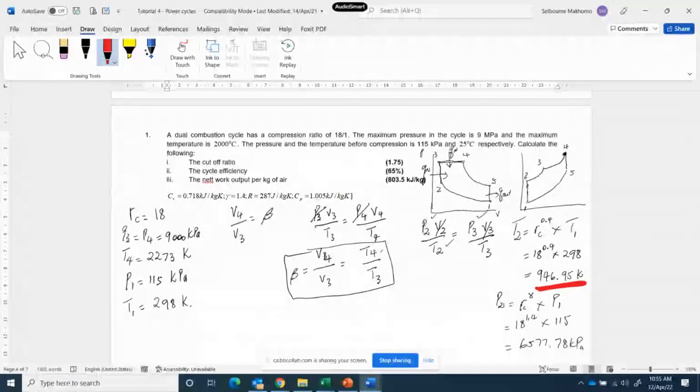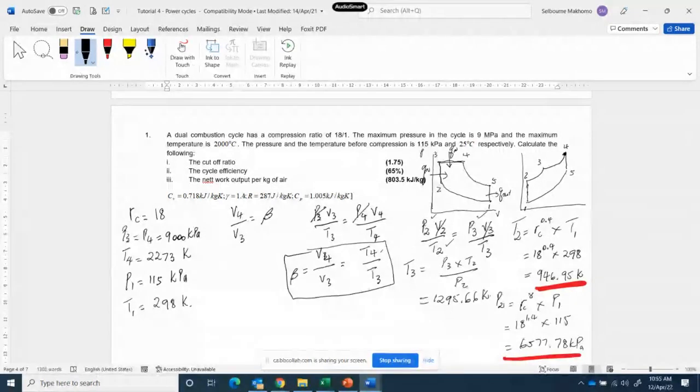So we have both T2 and P2. Now we can substitute. T3 is equal to P3 by T2 divided by P2. When you substitute both, our T3 becomes 1295.66 Kelvin.